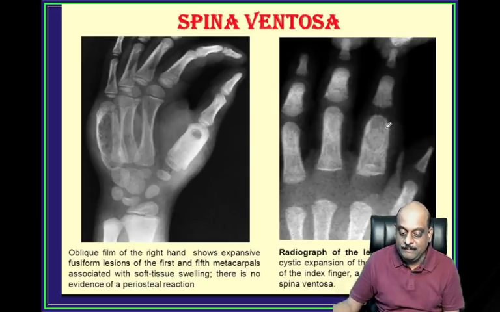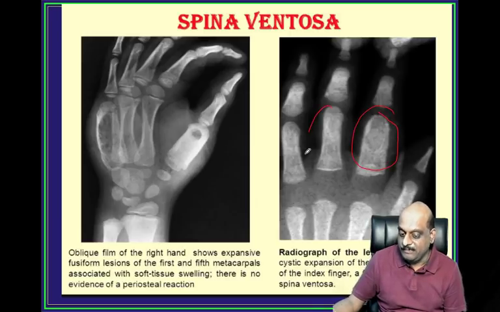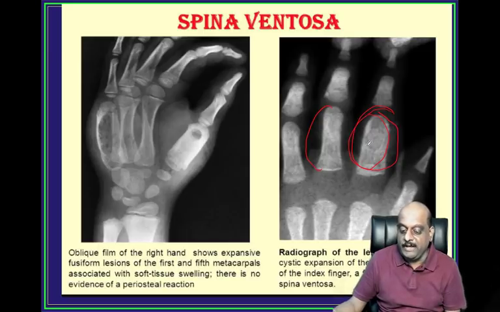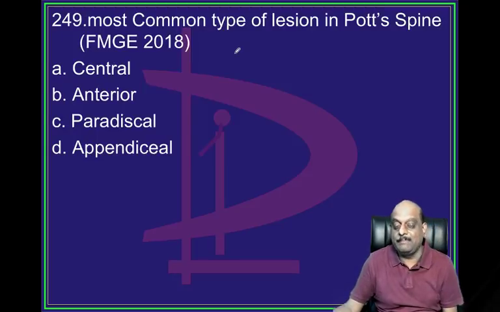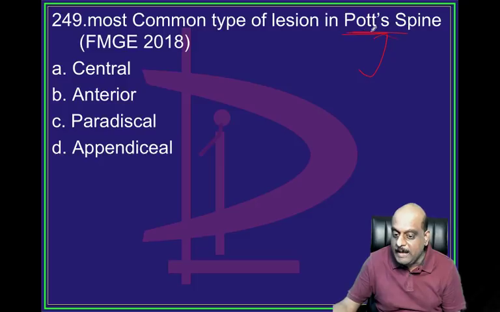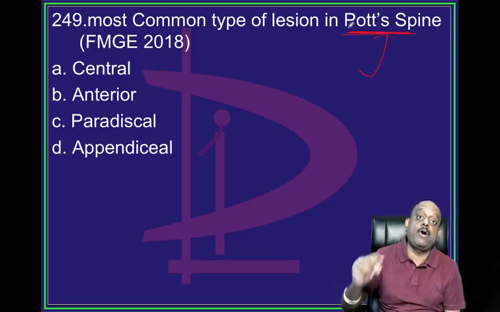You can see that there is a cystic expansion of the proximal phalanx of the index finger, which is called spina ventosa. Spina ventosa is what you should remember. Due to tuberculosis, most common type of lesion in the Pott's spine.